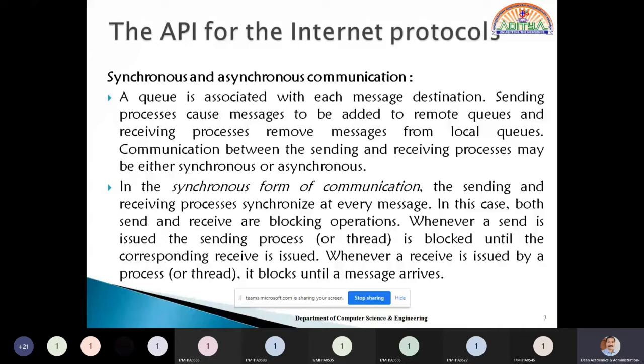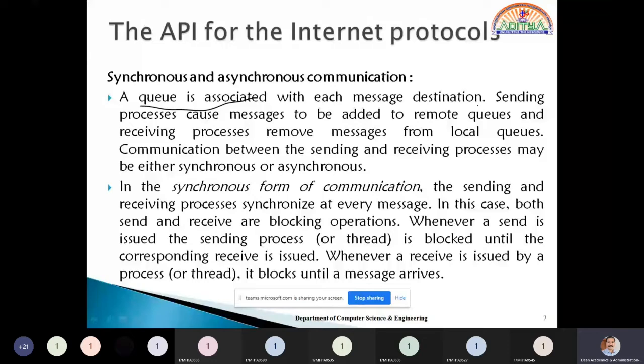As I said, whenever the communication is happening, a sequence of messages will be made part of a queue, so that they go in the form of a queue and are received at the receiver end. A queue is associated with each message destination. When I want to send a message to a particular destination, there is a queue associated with each message destination.